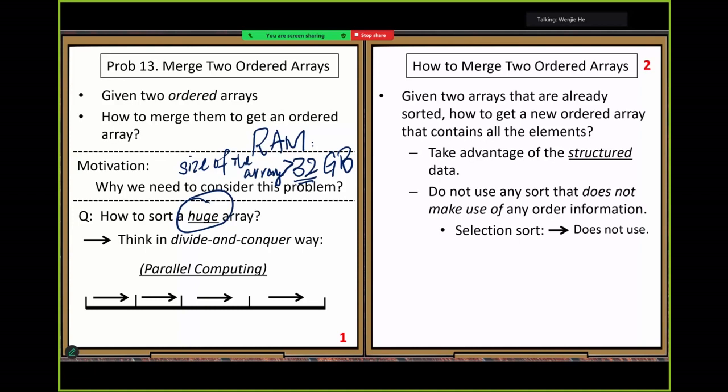Bubble sort, we do not use order information either. Ascending order, descending order, it doesn't matter. We do the bubble way, swapping. So we do not use the order information.